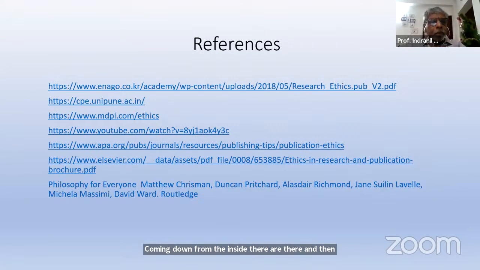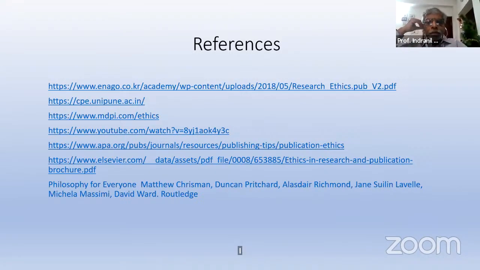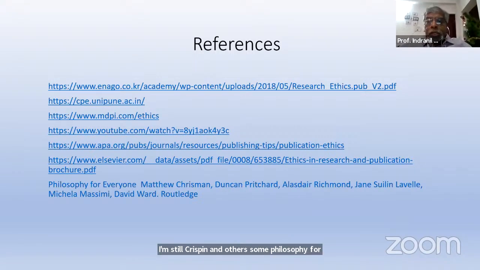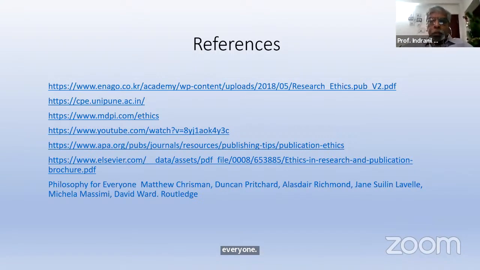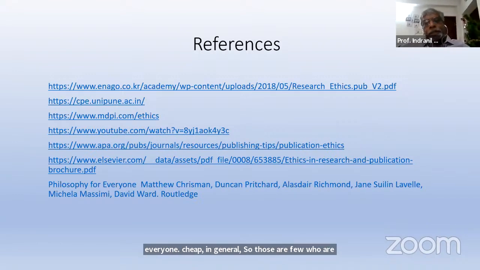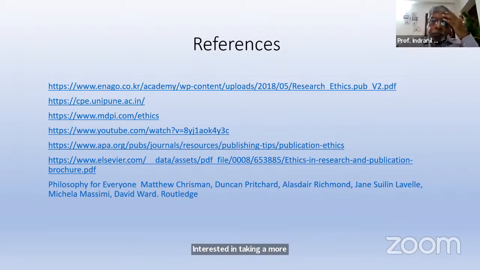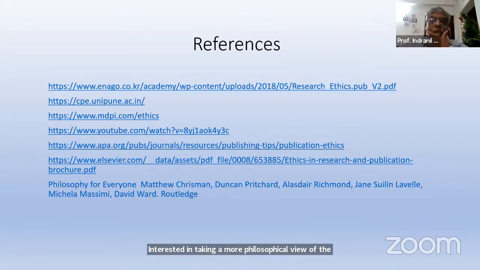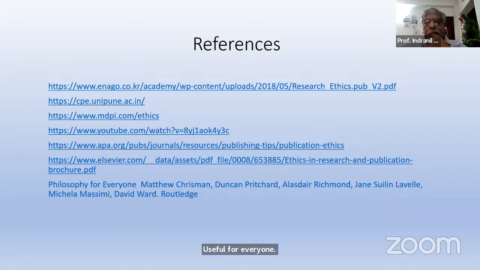It's a book by Matthew Crispin and others on philosophy for everyone. A cheap Indian edition version is available. So those of you who are interested in taking a more philosophical view of the entire matter can take a look at this book. Very, very useful book, Philosophy for Everyone. Matthew Crispin, David Ward, Duncan Pritchard.